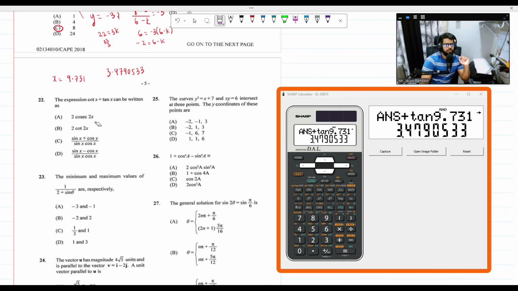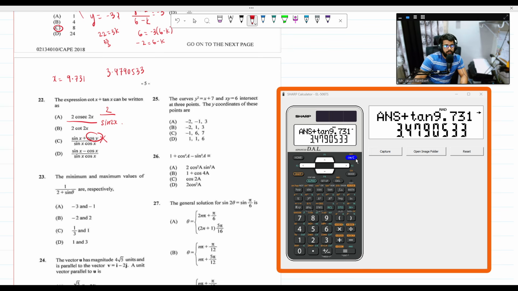2 cosec 2x. Now cosec is 1 over sine, cool? So 2 cosec 2x is 2 over sine 2x. I could go ahead and plug it in there, but I know this can't work because I have a cosine of y there. I think D might be easier to check. Let me check and see if D is easier to check.